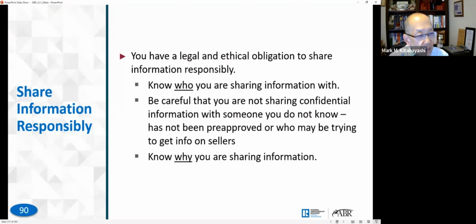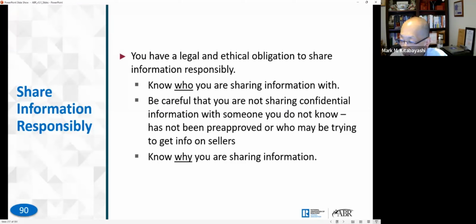But whenever you get information through it, you need to share information responsibly. If somebody tells you this is confidential, don't tell anybody. Know who you are sharing information with. Don't just share it with anybody, especially contact information and things like that you don't want to share with everybody.